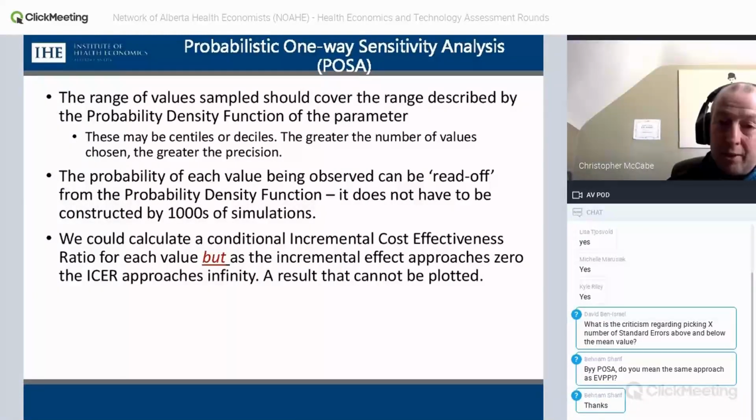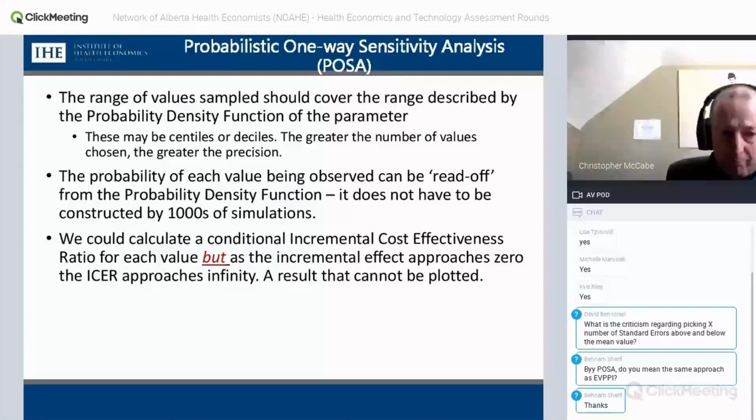And if you think your decision maker wants to know the threshold at which it flips, you probably want that level of precision and that number of outer loops. But if you're at the first stage of showing the sensitivity of the result and the broad probability that a value is observed that changes the indicated decision, then I think the first and 99th and then the deciles in between is adequate.